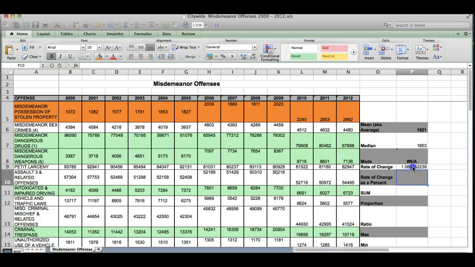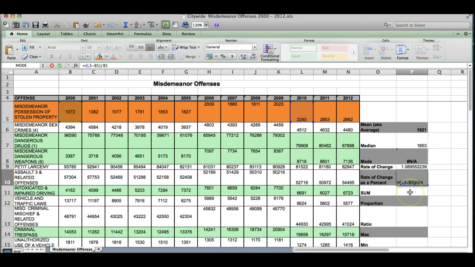This can be interpreted better when we make the rate of change a percent. So to do this, we would do basically the same thing where we say equals, open parentheses, new minus old, close parentheses, divided by old. And then that entire thing we want to multiply by 100.